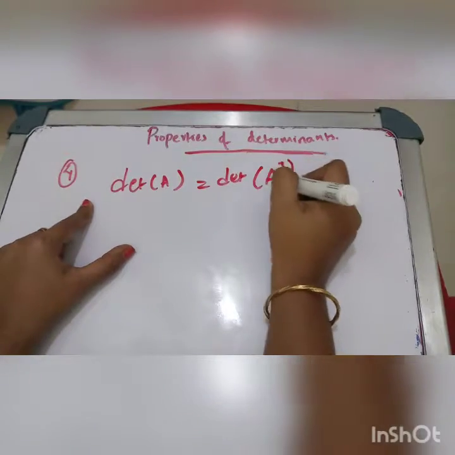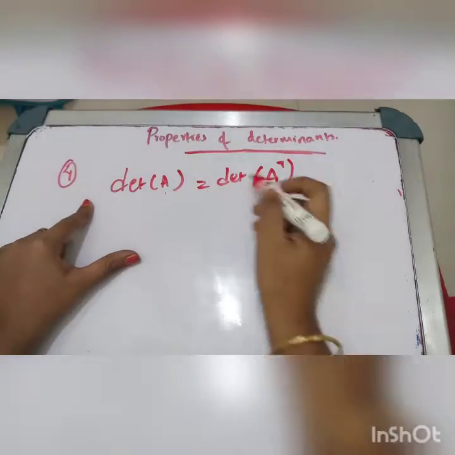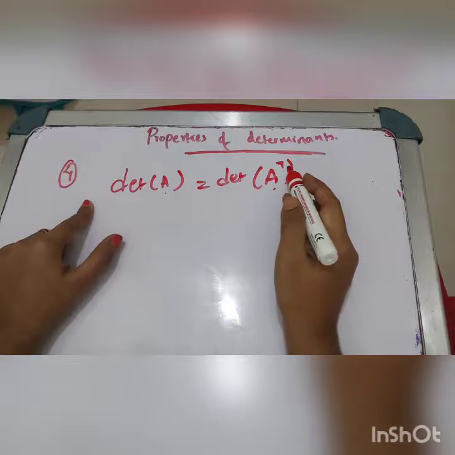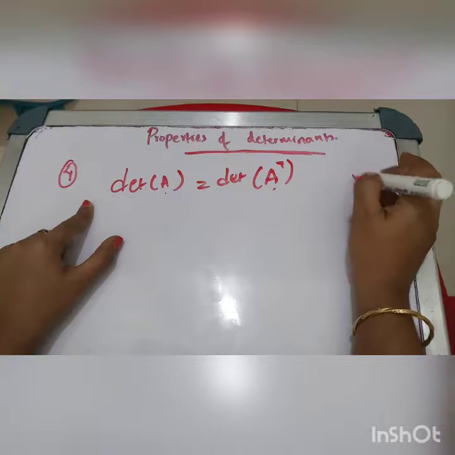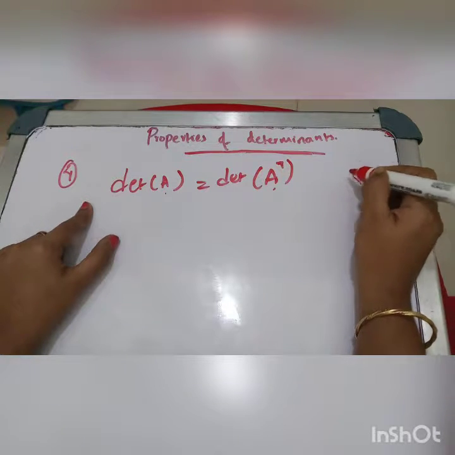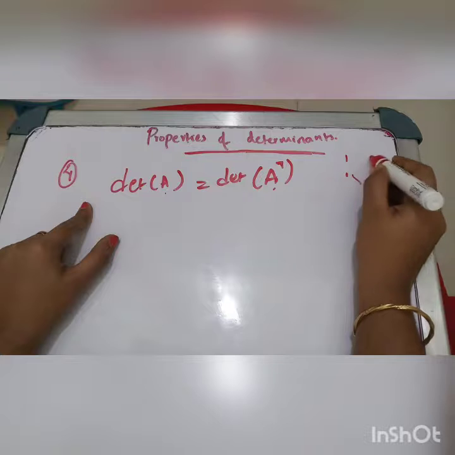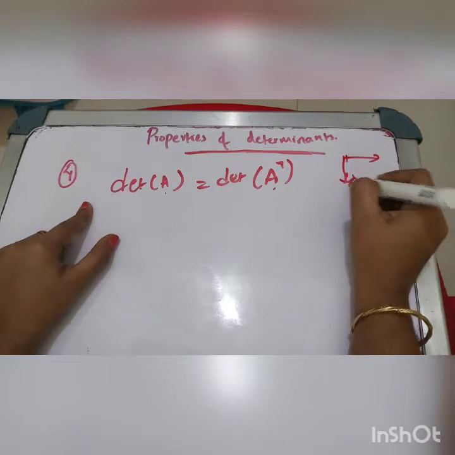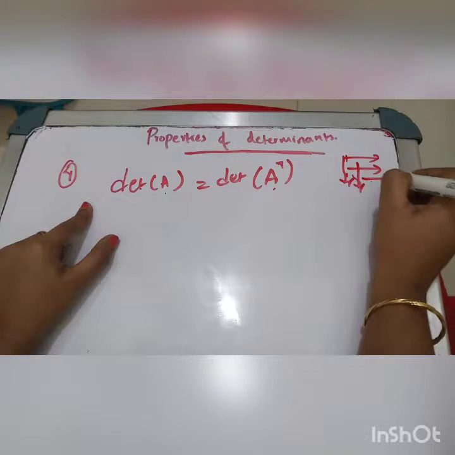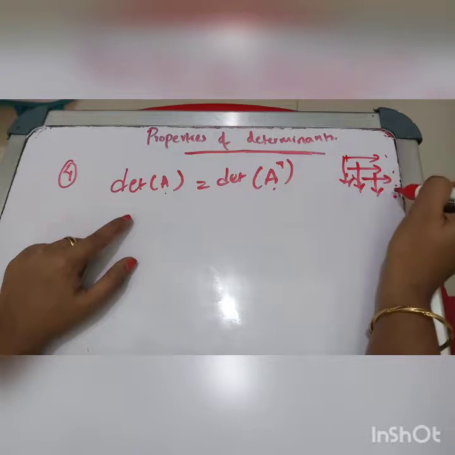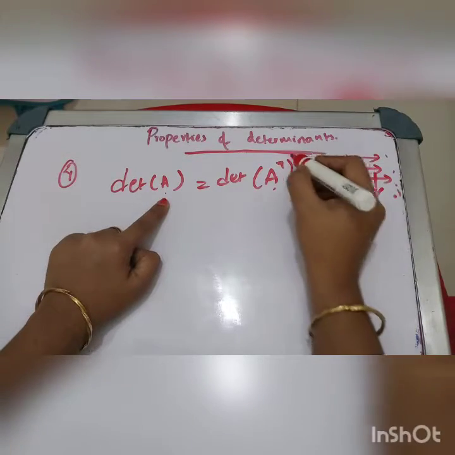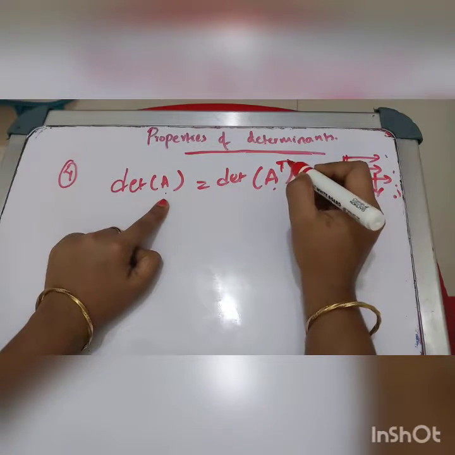Each row is converted to a column: the first row becomes the first column, the second row becomes the second column, the third row becomes the third column. So the determinant of a matrix and its transpose are the same.